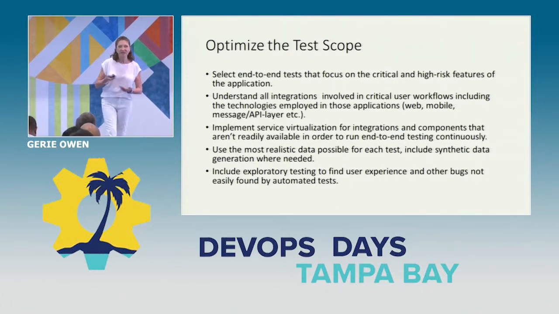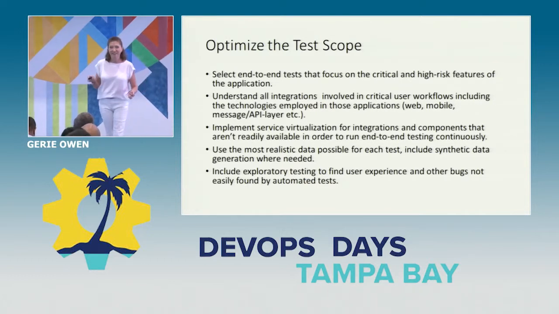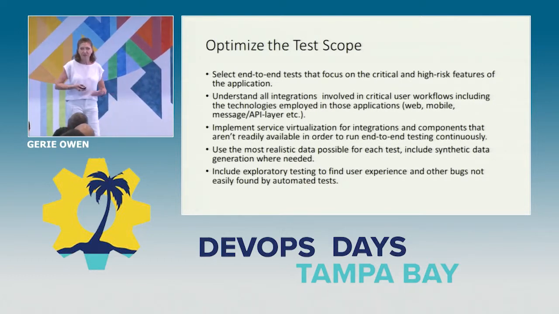We need to understand all the integration testing. We want to implement service virtualization for those integration tests so that we can shift left and run them as soon as we start. We can look at bottom-up and top-down integration.